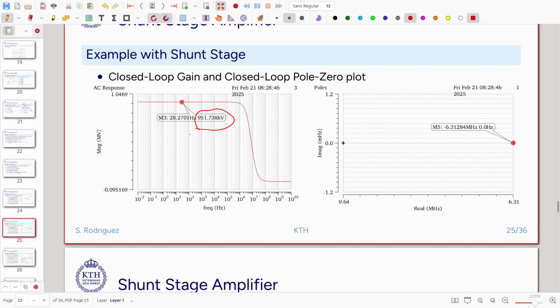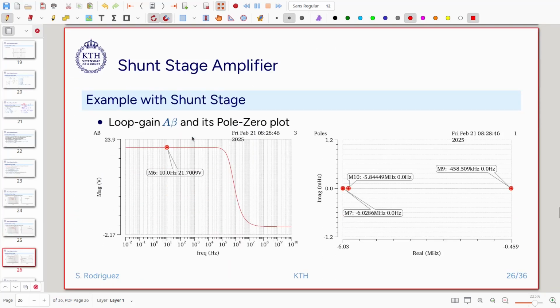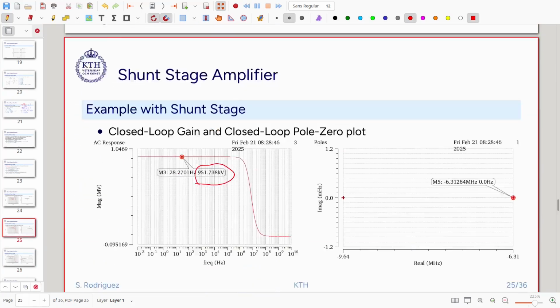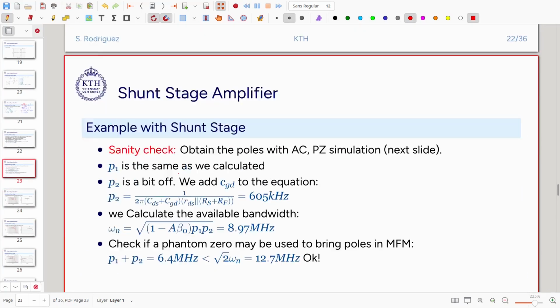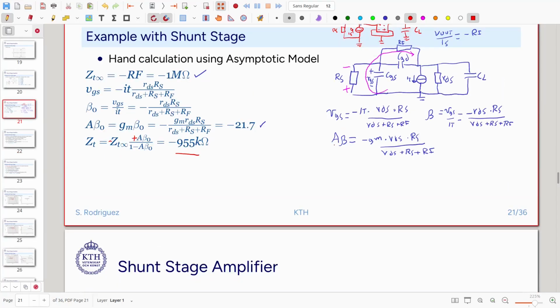Okay, very close to what I calculated. The loop gain, it is giving me 21.7. Let's see how much I calculated here. It's 21.7. So basically it is the same as I calculated with my hand calculation, so it's correct.